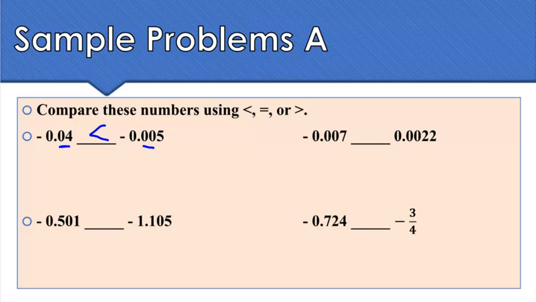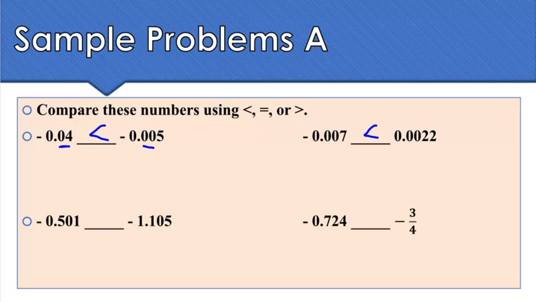But because we're dealing with negatives, you always want to look at the one closer to 0, which is further to the right on the number line. Next, negative 0.007 and positive 0.0022. Well, positives are always greater than negatives, so 0.0022 would be greater.